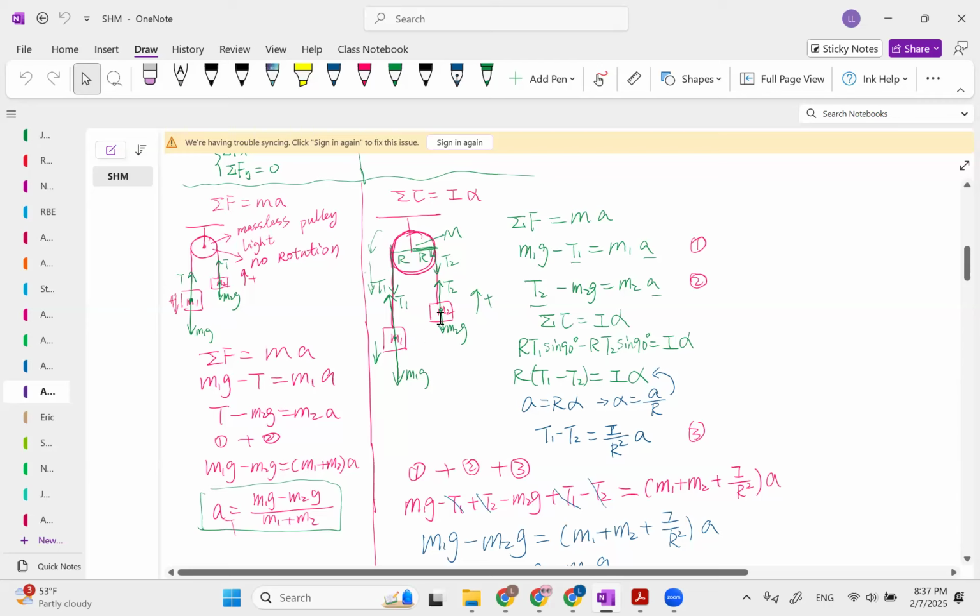These two masses don't rotate. M1 doesn't rotate, M2 doesn't rotate. The only thing rotating is the pulley. Then what forces create torque? In order for it to rotate with a certain angular acceleration, you must have a net torque. So in this case, it's the two tensions that create torque, right?